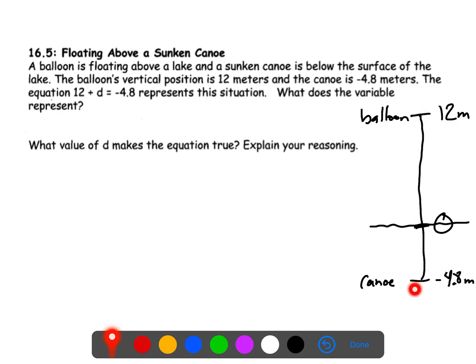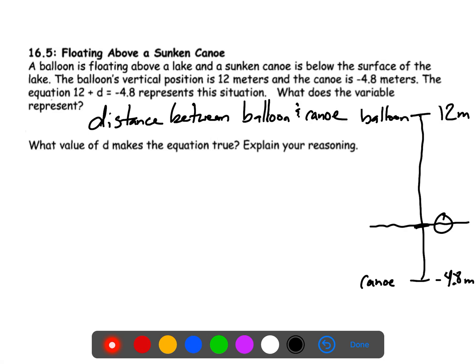It's telling us the distance between the balloon and the canoe. That is what the variable represents. The distance between balloon and canoe.